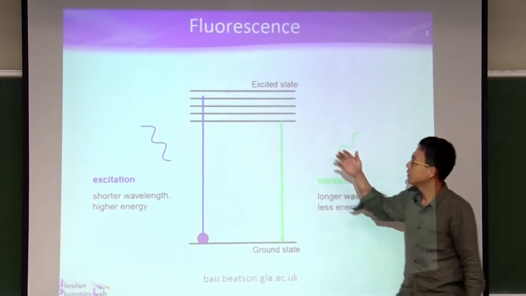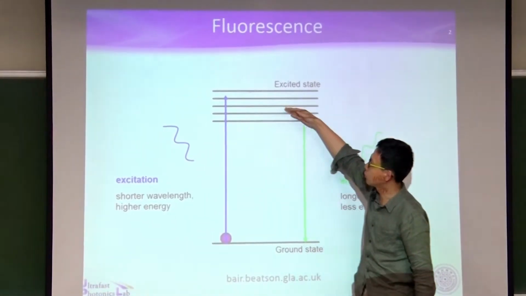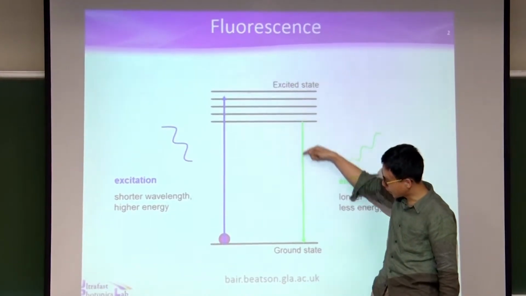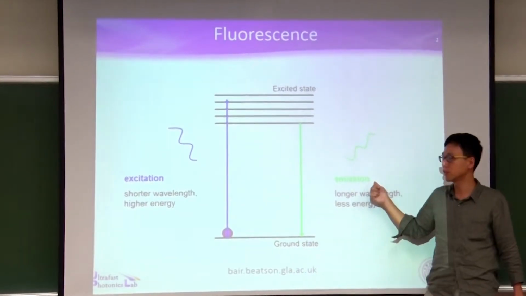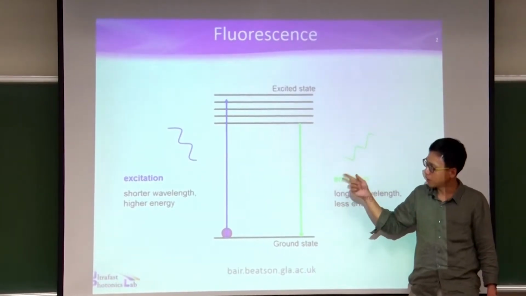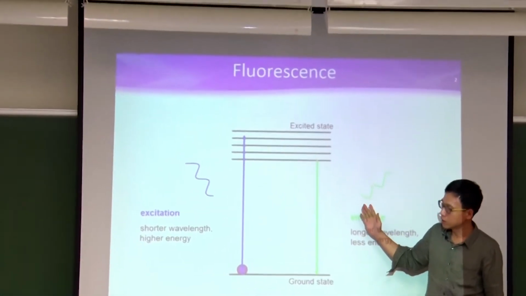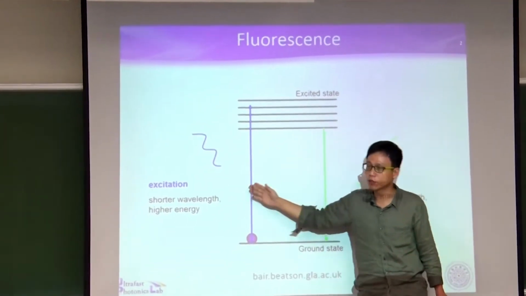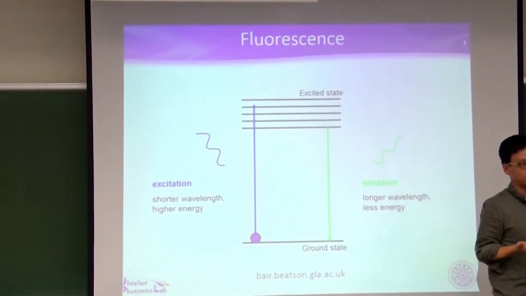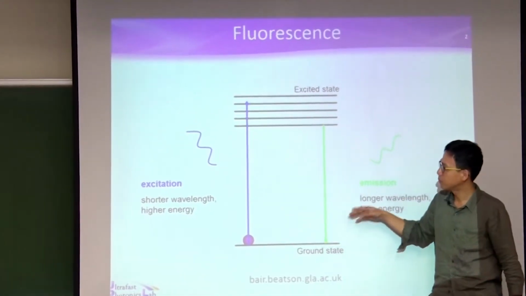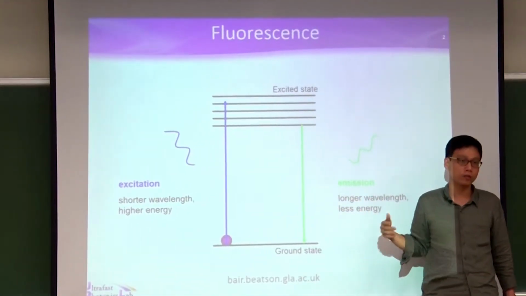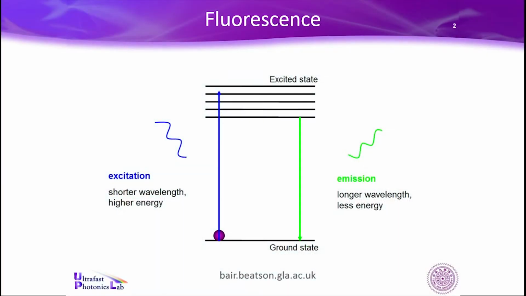And after that, the excited state will be relaxed to here, then relaxed to the ground state, and the difference of potential energy becomes the emitted photon energy. And by this view graph, you can compare the emitted photon energy is smaller than the excitation photon energy, right? So for example, this is blue light for excitation, but the emitted light could be green or even red because of the reduced photon energy. So this is the principle of fluorescence.